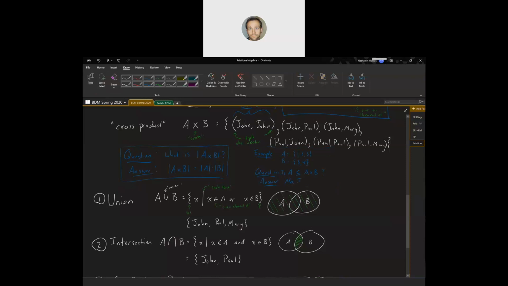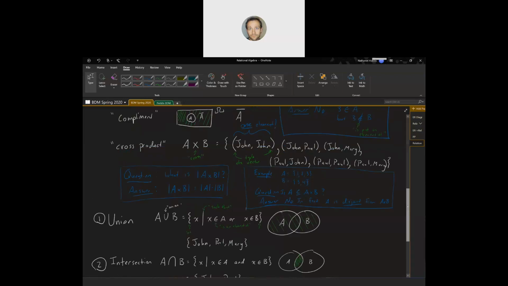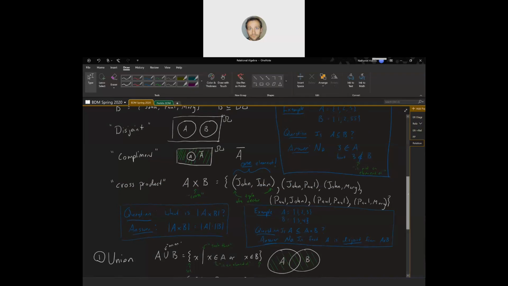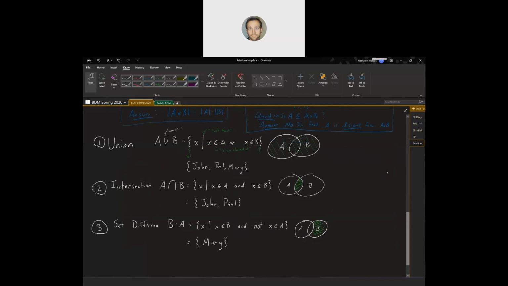In fact, A is disjoint from A cross B, just to use the term that we just talked about here. If two things are disjoint. Okay. So these three are all pretty straightforward.